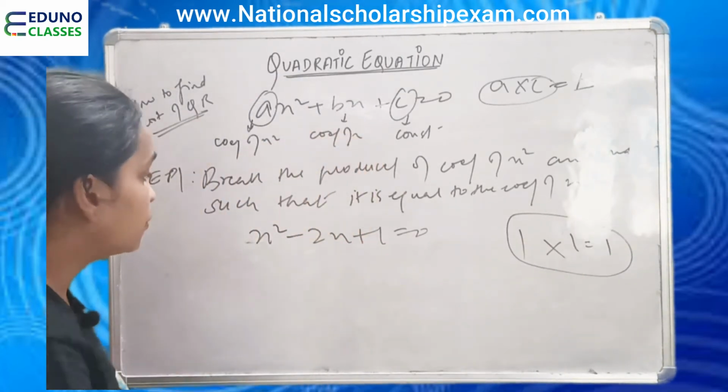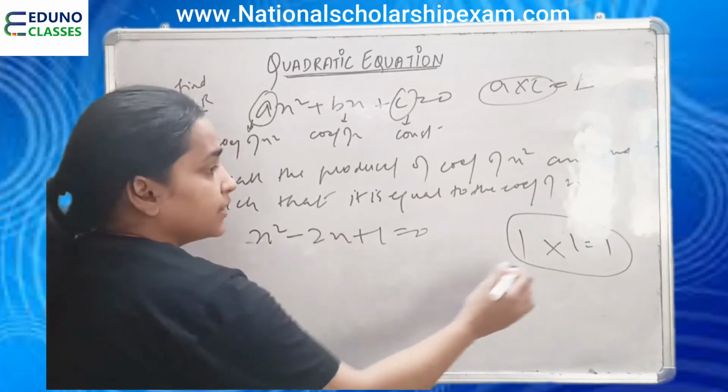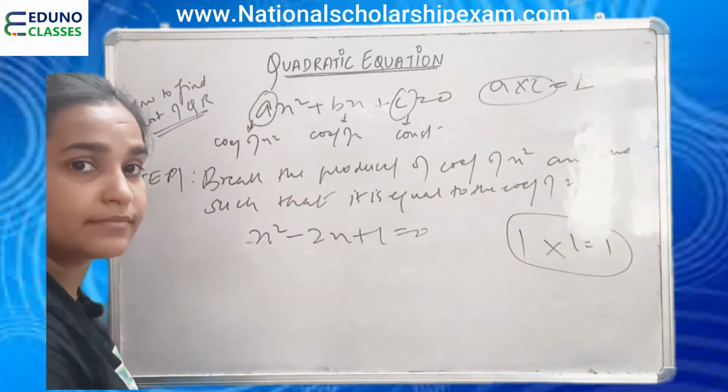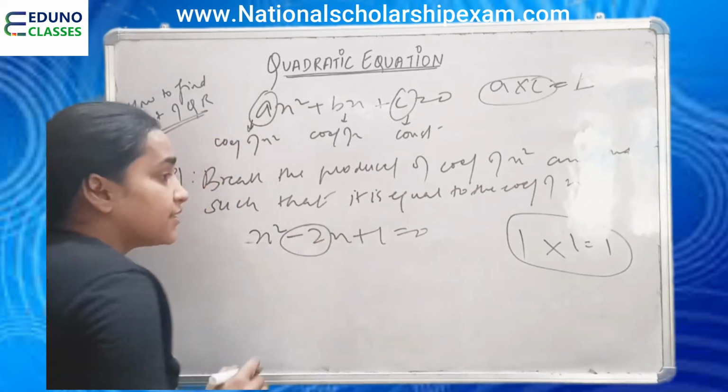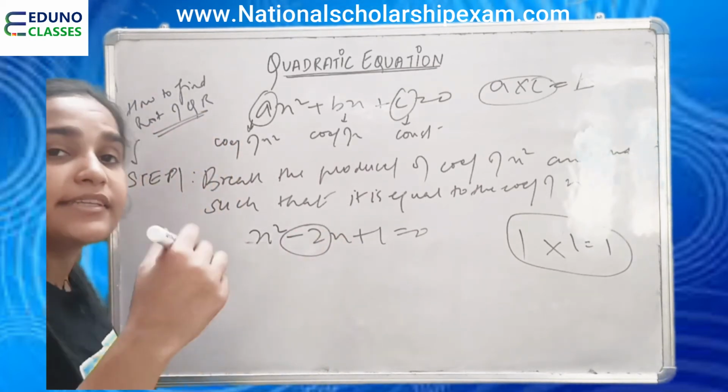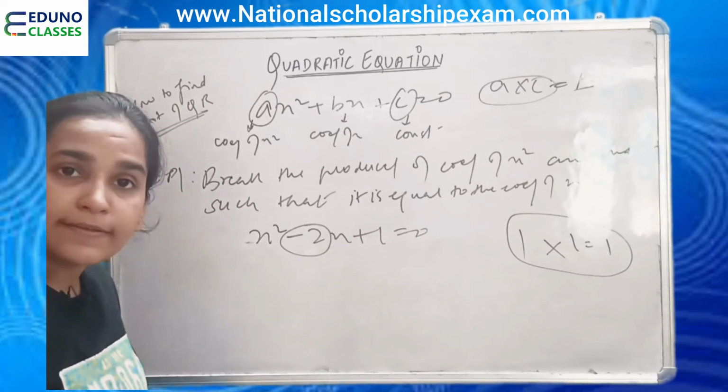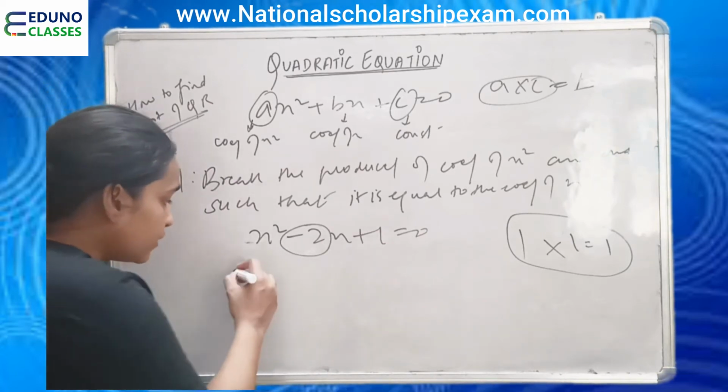Okay, how to use this? Now I want this here to be 1. Now I have to break this minus 2 such that either its addition or subtraction is equal to 1. How can I do this?